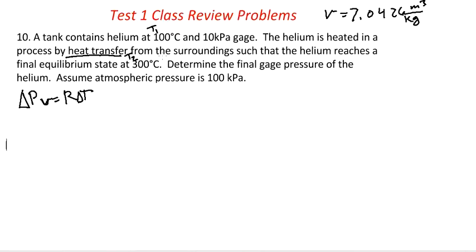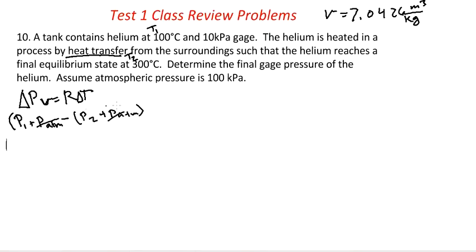Okay, so in this case, we want the P absolute, but again, the P absolute is related to the gauge pressure by a constant value. So we can say P1 plus, you know what, I'm not even going to write it out. Let's just call it P atmosphere minus P2 plus P atmosphere.